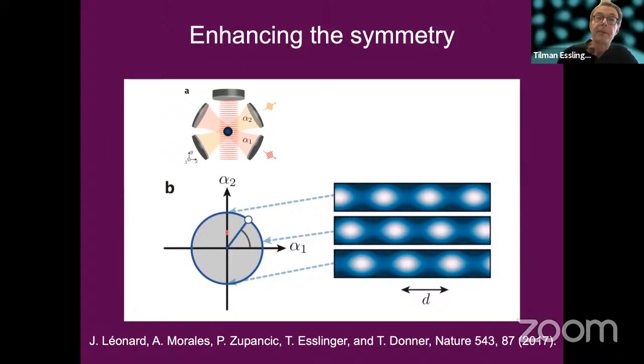And now the continuous symmetry is the intensity of those two fields. I can have more intensity in this or more intensity in the other field. And this gives you the amplitude of the projection on alpha 1 or the projection on alpha 2.